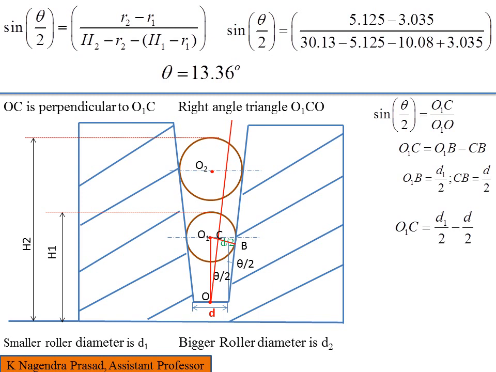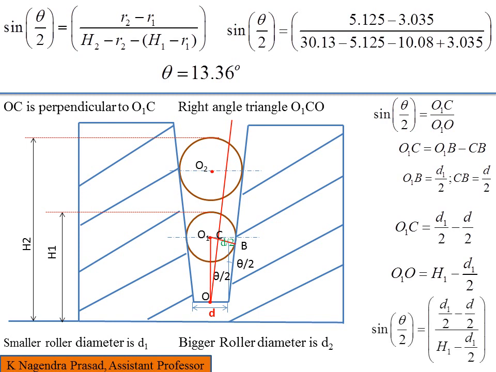Next we have to calculate the O1O value. In the diagram H1 is given, so O1O is H1, the height of the smaller roller surface to the datum point, minus its radius, that is minus D1 by 2.